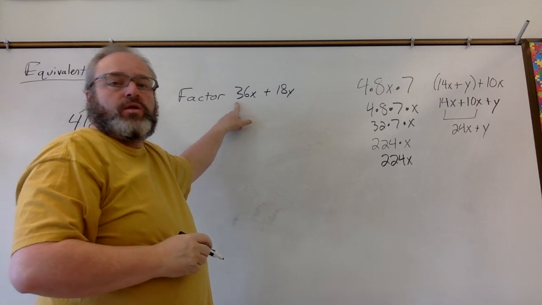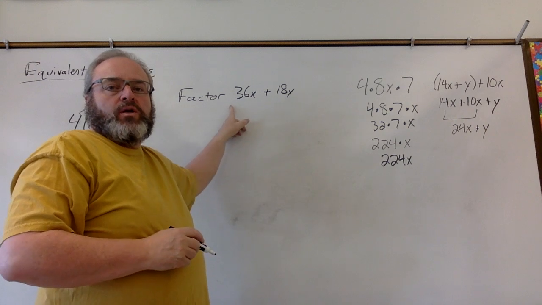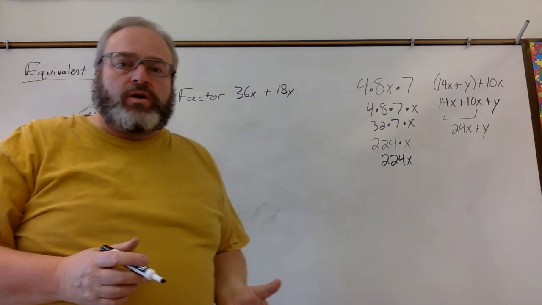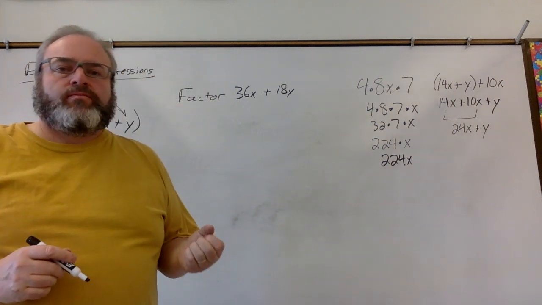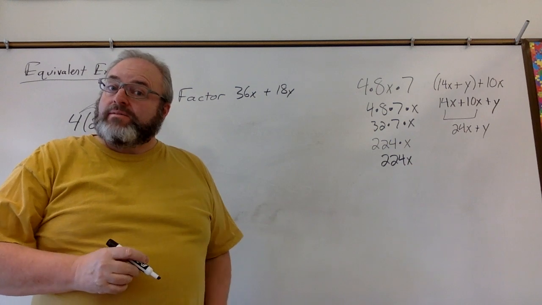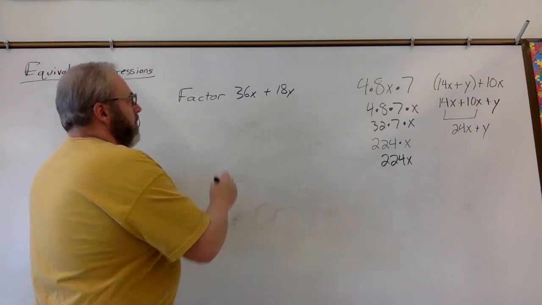So let's look at our coefficients first. We've got 36, we've got 18. What number will divide evenly into both of those? Well, I can think of a lot of numbers. 2, 3, 9, 18. 18 is the highest, so that's the number I'm going to do.